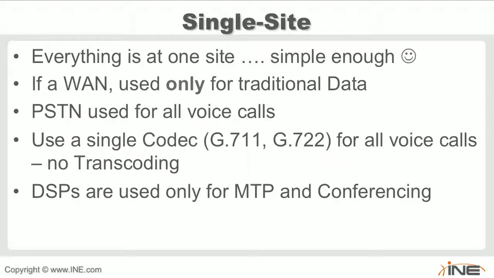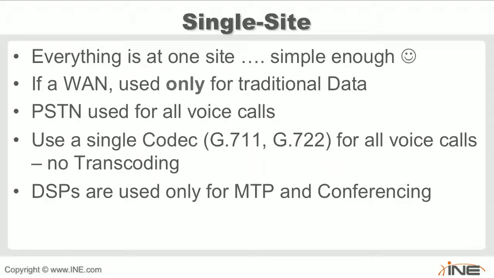So with single site, everything's at one site. Simple enough. If a WAN is used in a single site model, the WAN is only used for traditional data, not voice data. If we do have multiple sites, but we're running a single site deployment, then the PSTN is used for voice calls. And so we only have to deal with a single codec, G711, or better yet, if our phones support it, G722. We have no need for transcoding.